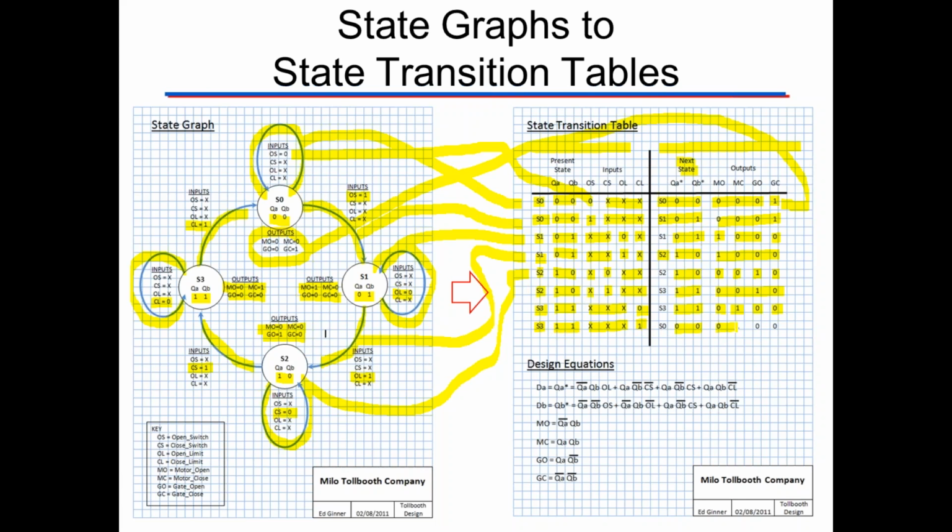The outputs stay the same because outputs haven't changed yet until we get ourselves back up here to state 0. Once we land in state 0, our outputs are this. We shut the motor off. The motor closed turns off, as you notice, changed from there to there. And gate closed goes to a 1. So now we're ready to fire the state machine off and start again at state 0.